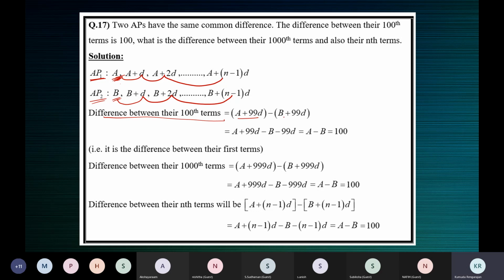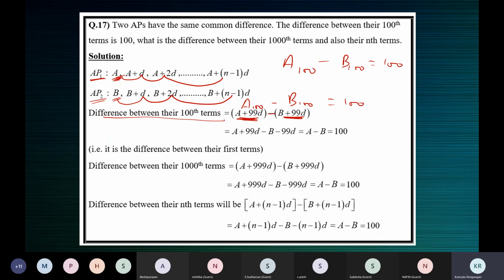A100 is A plus 99D, and B100 is B plus 99D.